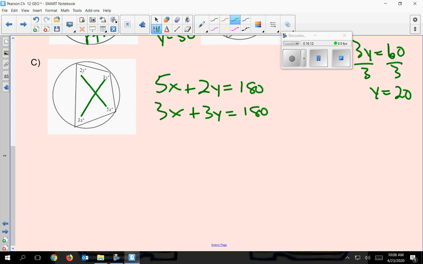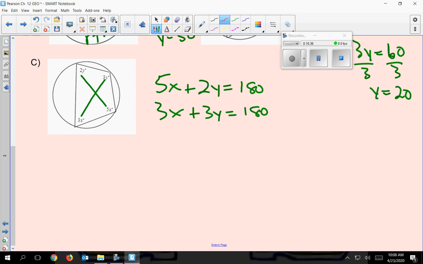For elimination, I want to get rid of the x or I want to get rid of the y. It's your choice, okay? I'm going to choose to get rid of the y's just because it's going to be smaller, maybe a little bit easier to do. So what I want to do is get the y's to be the same value, but I also then need to make one of them negative, okay?